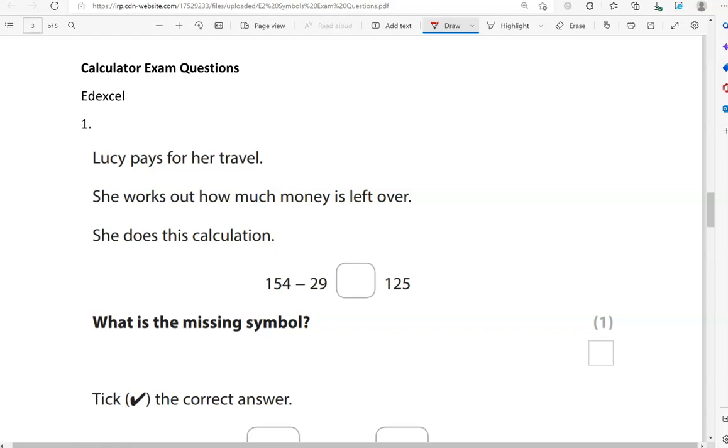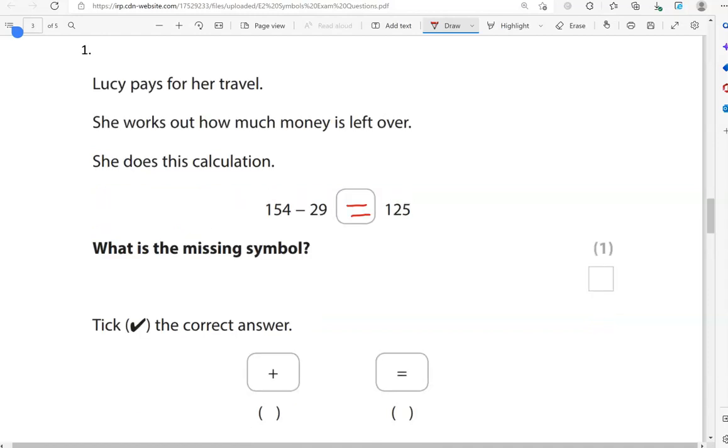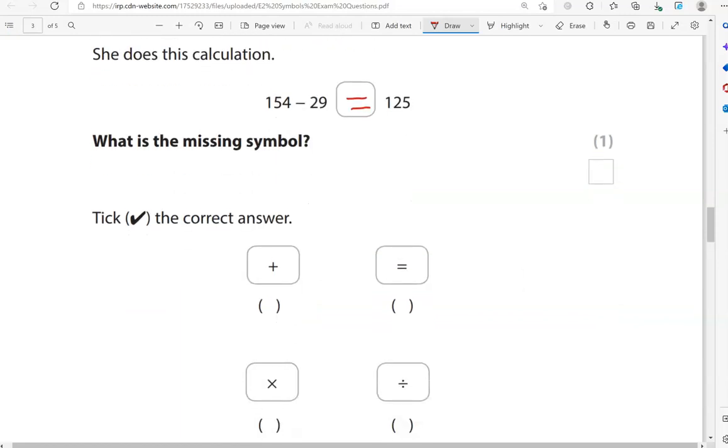So you know normally when we work out something we do addition, subtraction, multiplication or division, and then we put the equals symbol there. What is the missing symbol is the question. We've got to tick the correct answer.